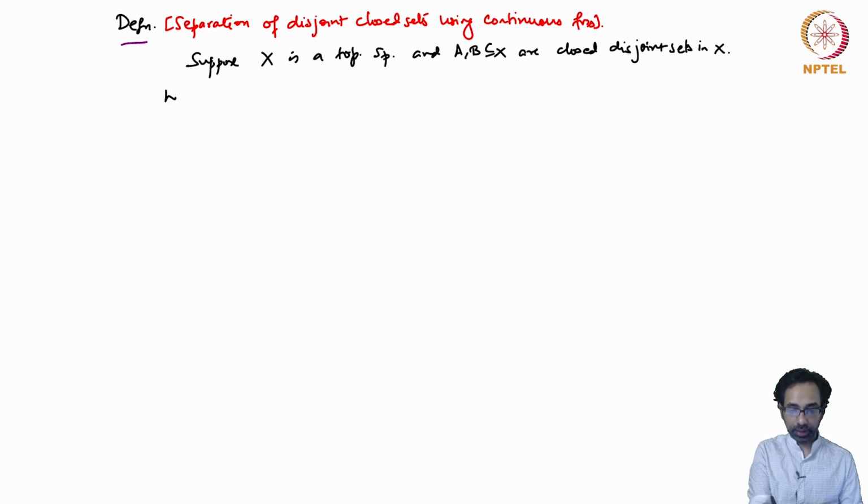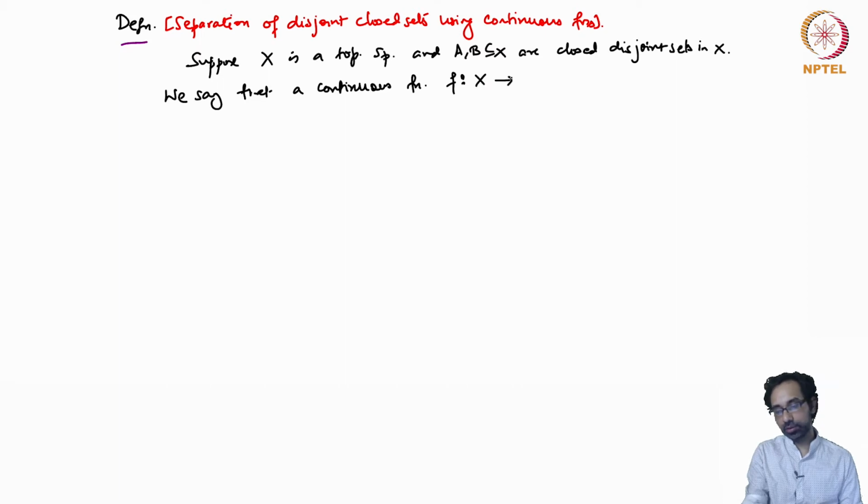Now we say that a continuous function f from X to a closed interval in R, so I'll take [0, 1], but it could be any closed interval [a, b] in R, but because each such closed interval is homeomorphic to [0, 1], it is enough to work with this specific unit interval.